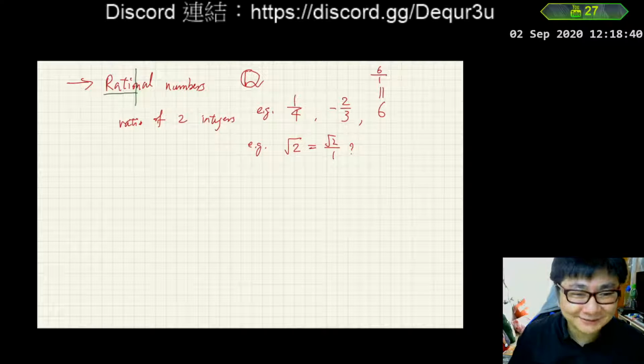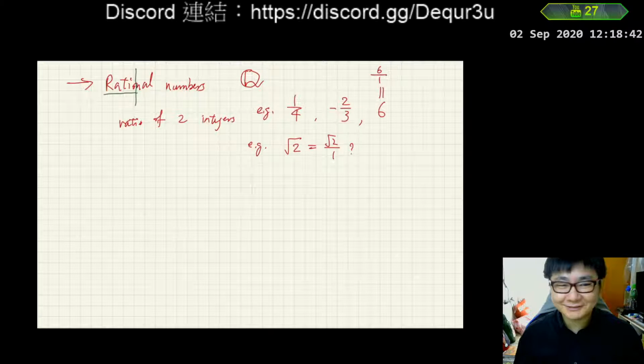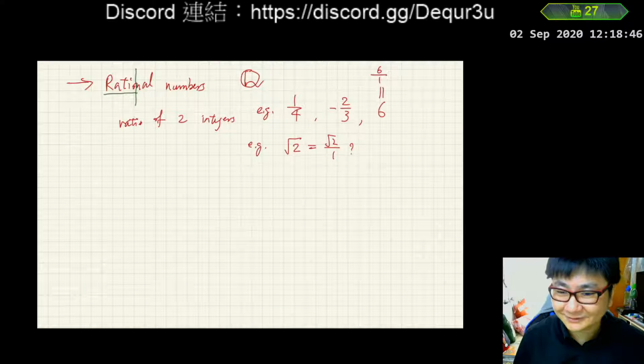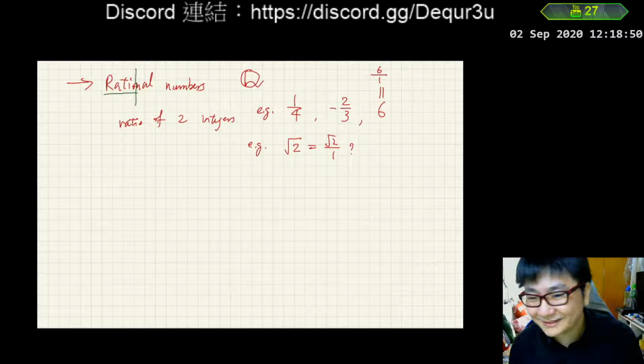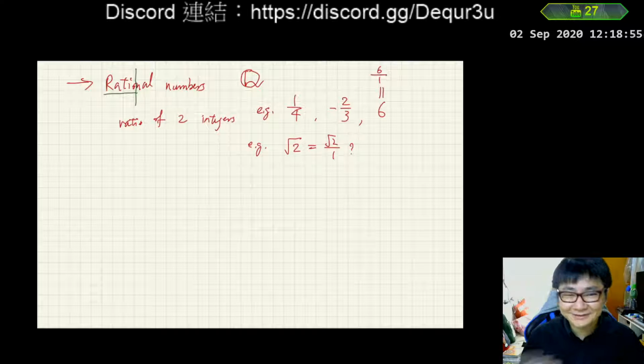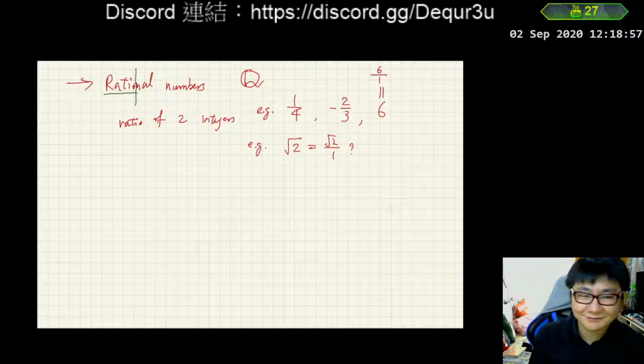We can write it as square root 2 over 1. Then it is also a ratio of two numbers. Then why don't we call it rational numbers? Cannot be represented by fractions. Irrational. Okay, no, okay. But well, what about square root 2? We can rewrite it as square root 2 over 1. Then why can't we say it is a rational number?